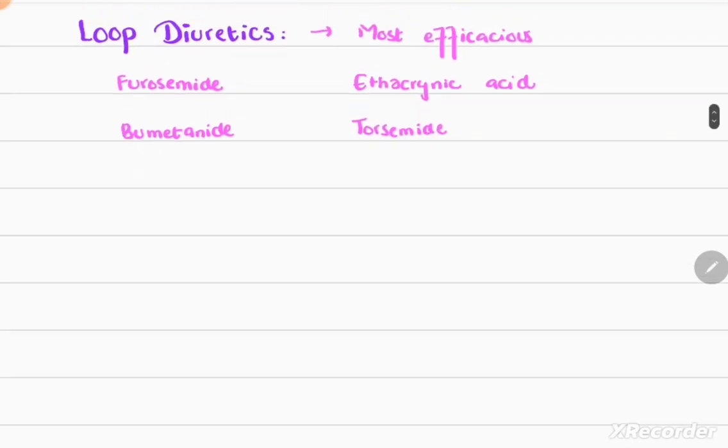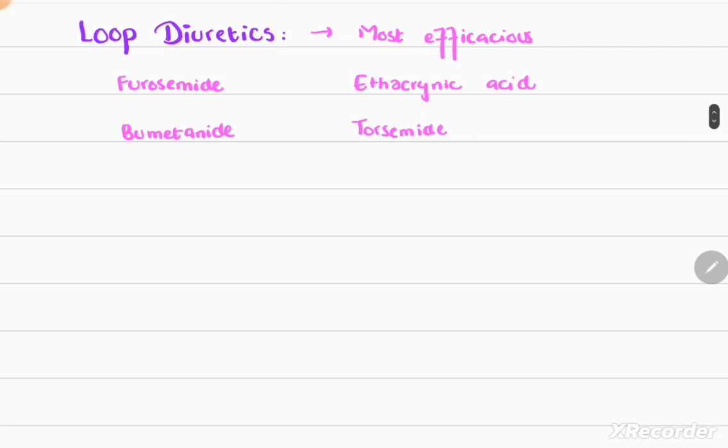A little bit about the chemistry. All these drugs are sulfonamide loop diuretics, apart from ethacrynic acid, which is not a sulfonamide. It is a phenoxyacetic acid derivative, which has a ketone and a methylene group.